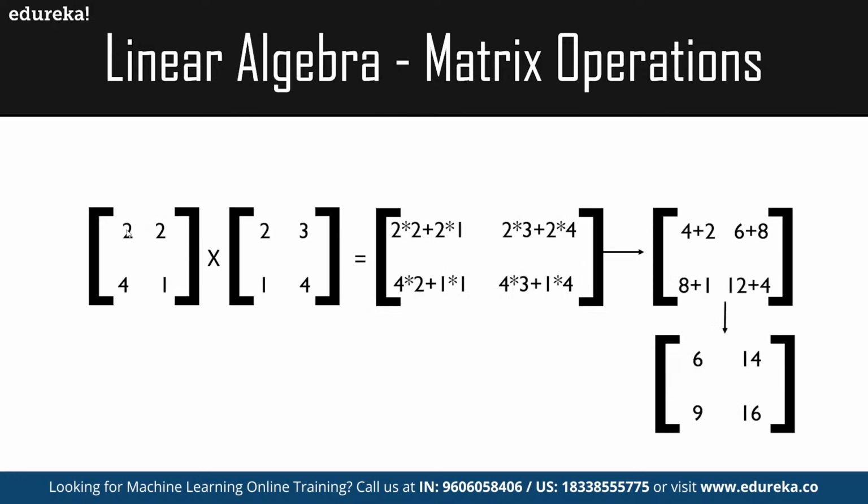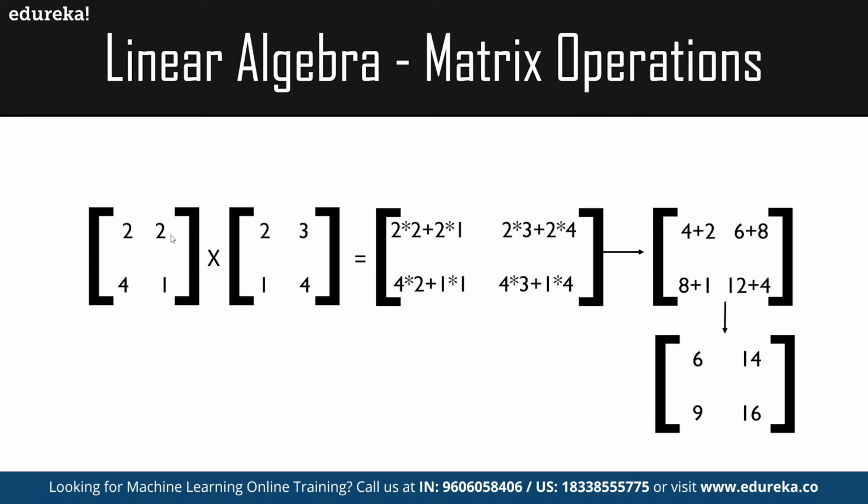For example, we have these two matrices that need to be multiplied together: 2, 2, 4, 1 and 2, 3, 1, 4. In order to multiply them, we multiply each row with each and every column. For example, here we multiply 2 by 2 plus 2 by 1.